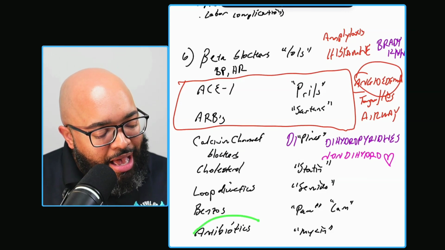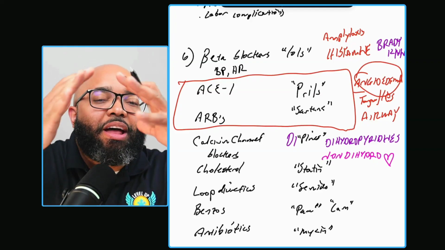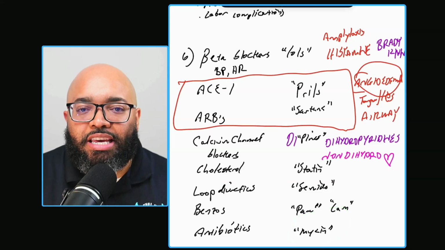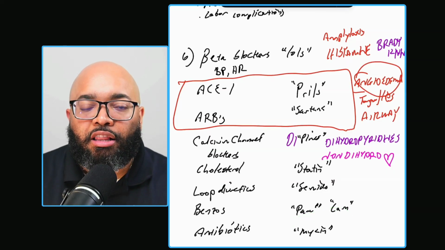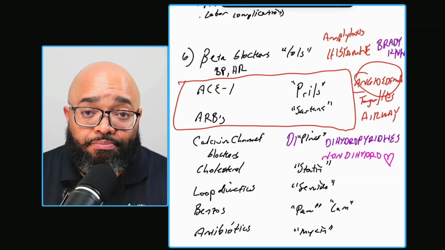And then some common antibiotics. There are about 1,000 antibiotics, but something you may see is drugs that end in mycin: azithromycin, clarithromycin, vancomycin.